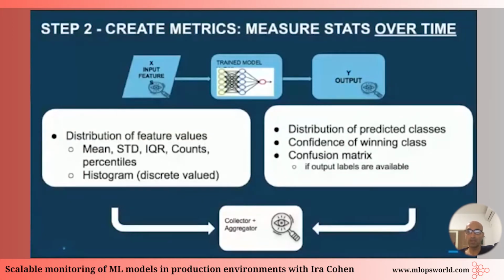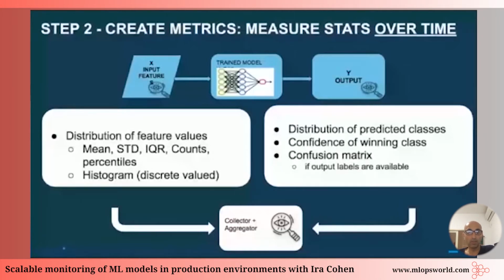In terms of the output, if it's a classifier, you want to at least first look at the distribution of the predicted classes. Usually in production, you won't have the actual label of the input, because if you had that, you wouldn't need the classifier in the first place.